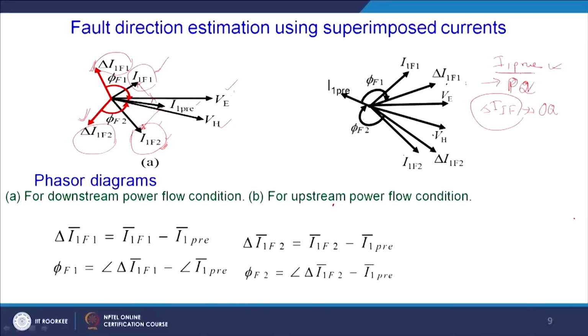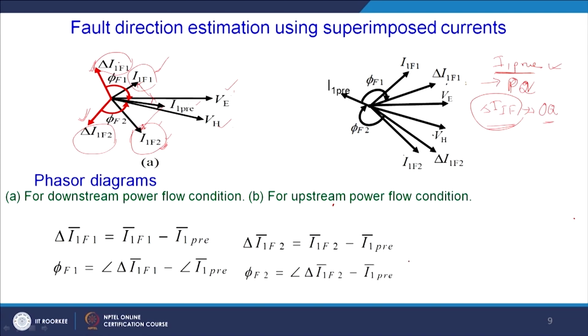Here we have taken current as the polarizing quantity. In this case the directional element is not dependent on voltage information, it is only dependent on current information. This I1 pre is the polarizing quantity, and this superimposed fault current component is treated as the operating quantity. Now, let us see what the angle will be.